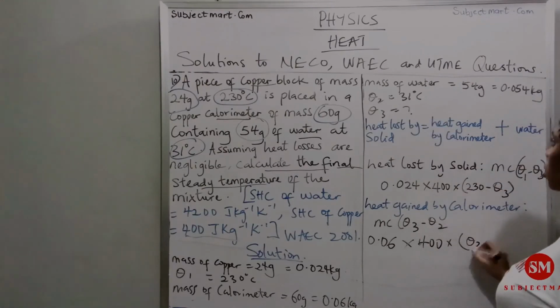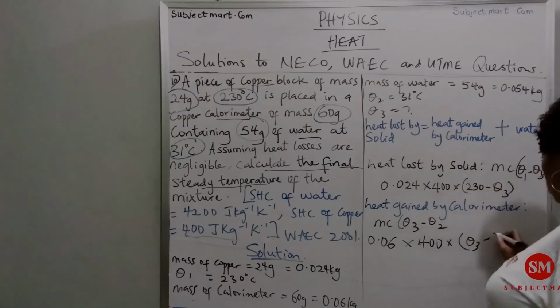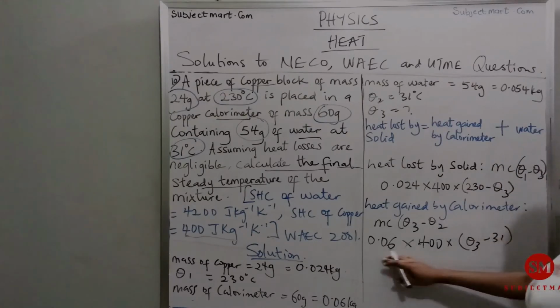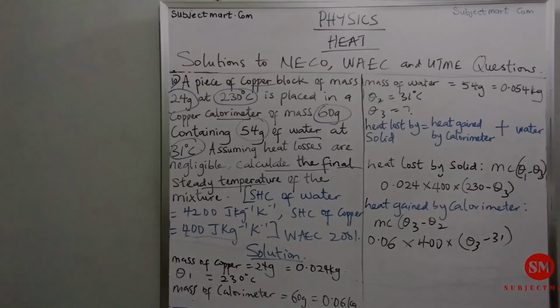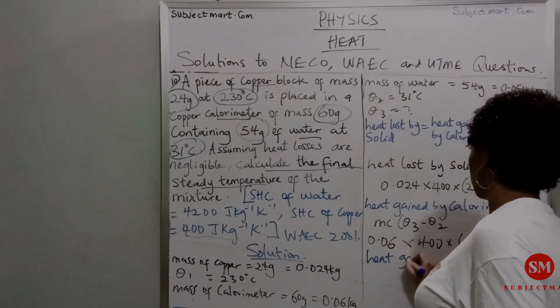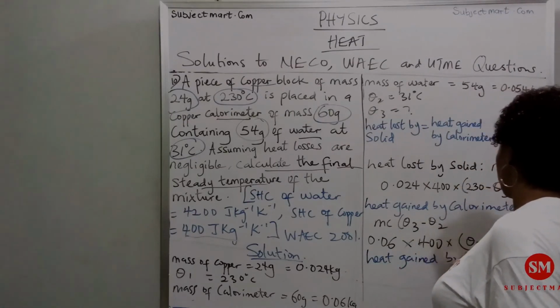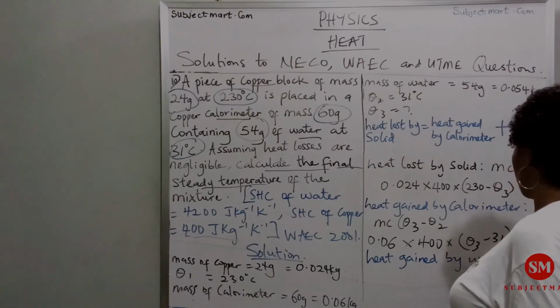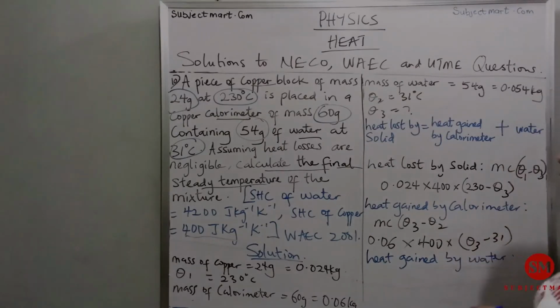We don't know theta 3, but our theta 2 here is 31. So that is that for heat gained by calorimeter. Then I move on to heat gained by water, which is equal to MC change in theta.